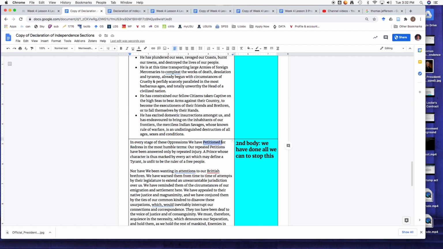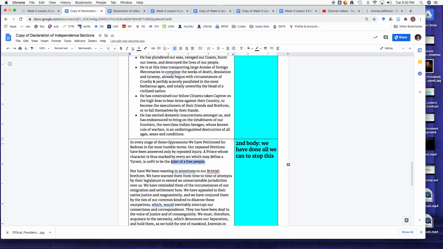Petition means we've sent letters and complaints and asked them, please stop doing this. And our repeated petitions have been answered only by repeated injury. So every time we say, please don't do this, they do it again. He says, a prince whose character is thus marked by every act which may define a tyrant is unfit to be the ruler of a free people.